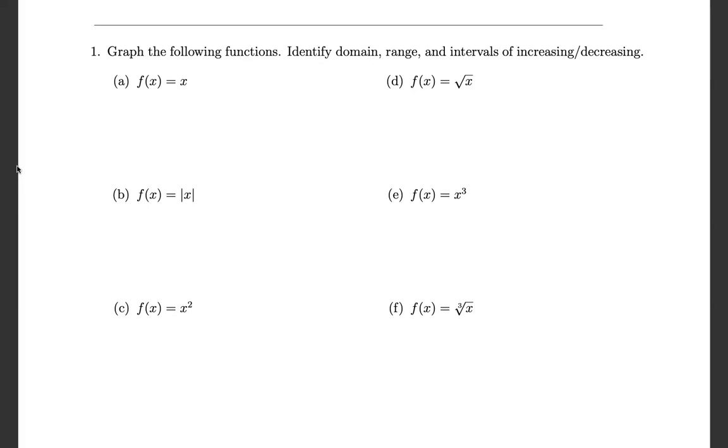C is a polynomial of degree 2, or quadratic function. And it's an even function because f of negative x is negative x squared, which turns out to be positive x squared. So our graph is a wiggly line. Let me use red color.